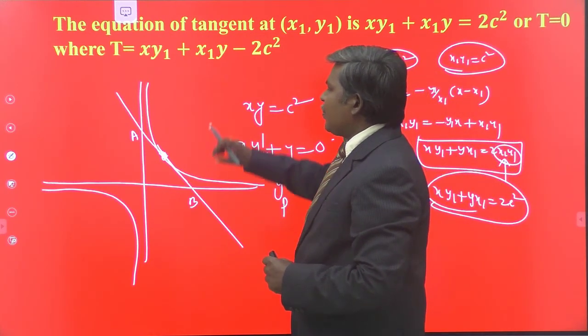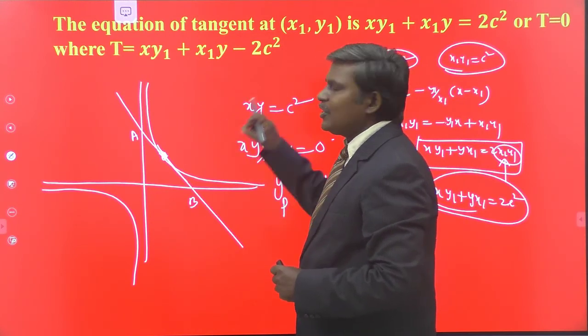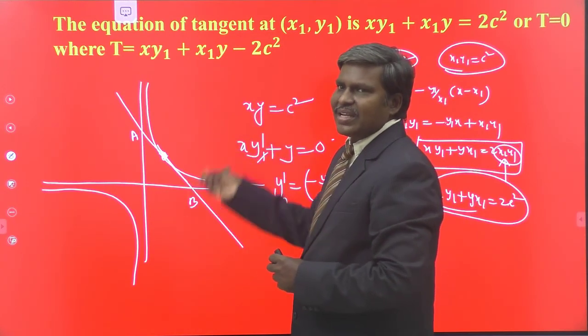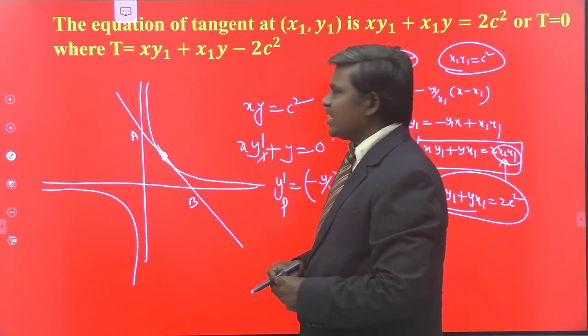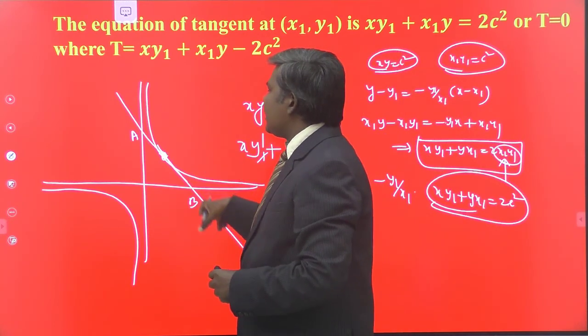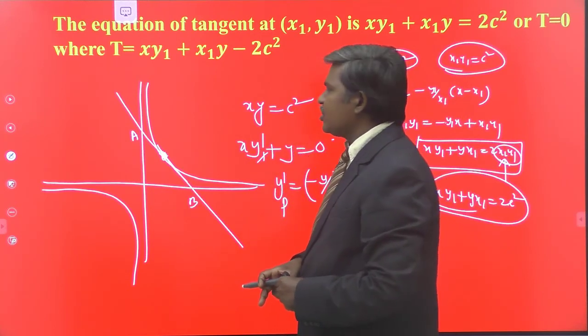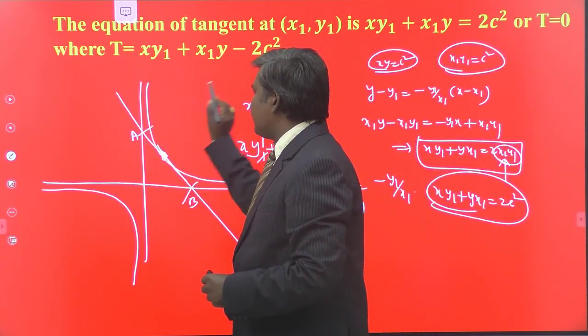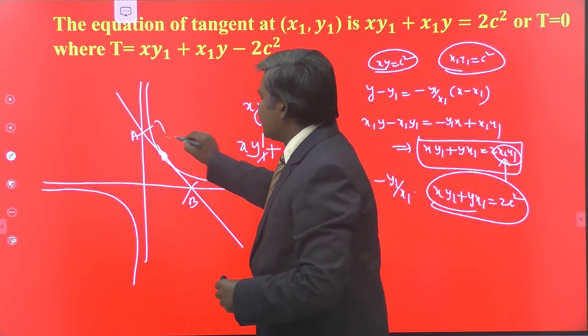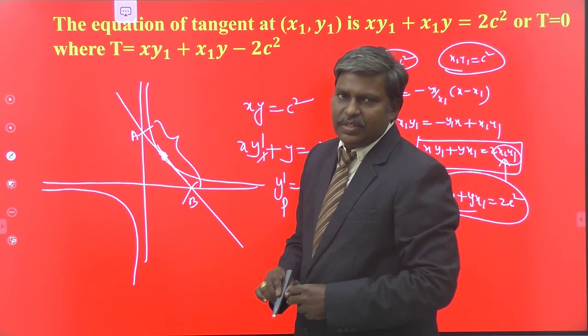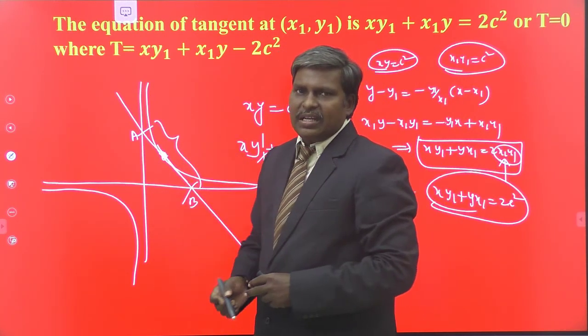That means the point of contact of the tangent to the curve xy equals c square is itself the midpoint of the portion of the tangent intercepted by the coordinate axes. It is not possible for other curves.